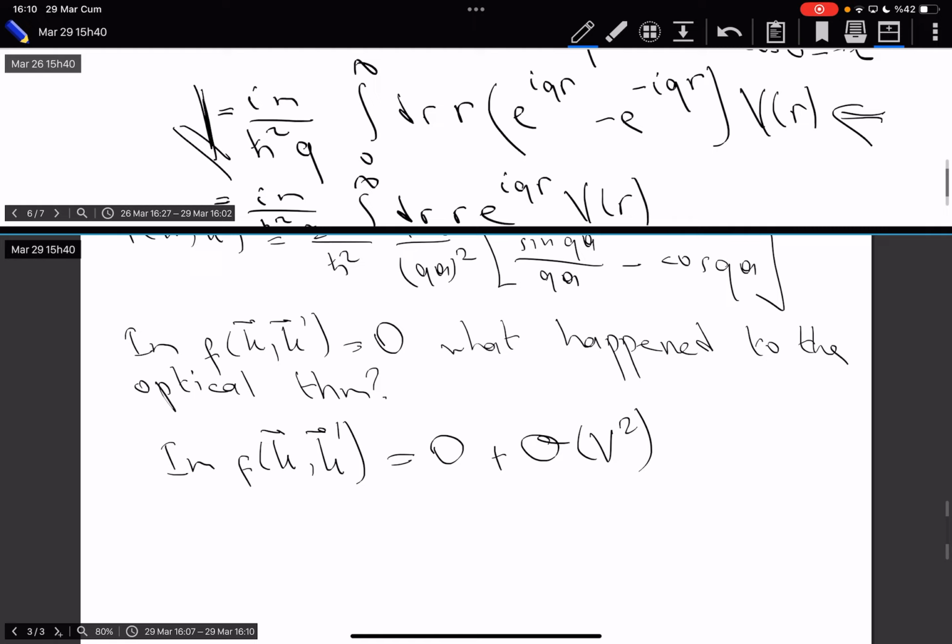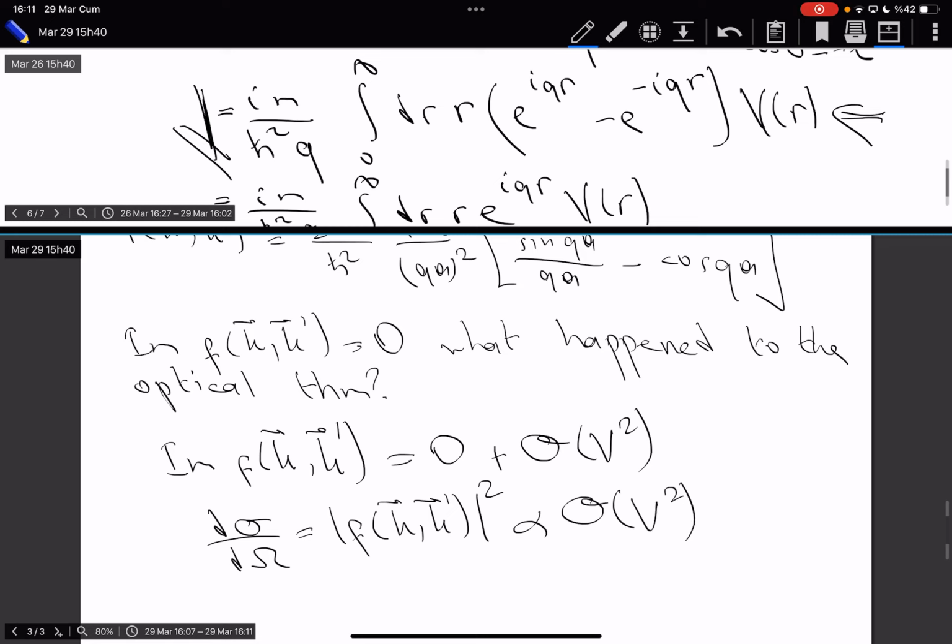It's not of the order of v. But sigma, you see, d sigma over d omega is f of k prime squared, which is of the order of v squared, because f is of the order of v.